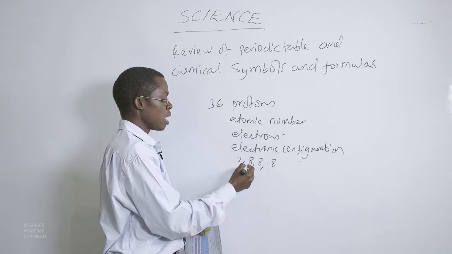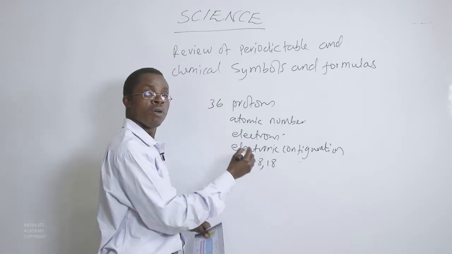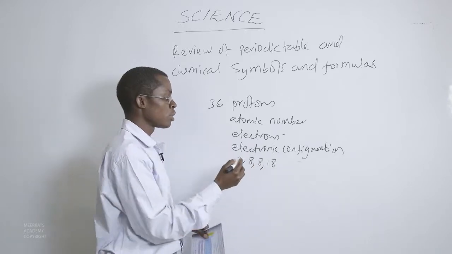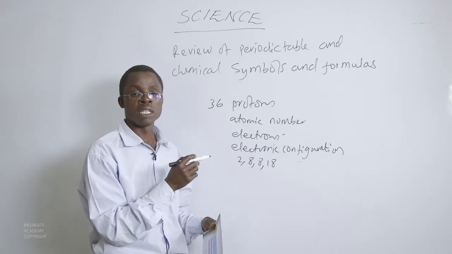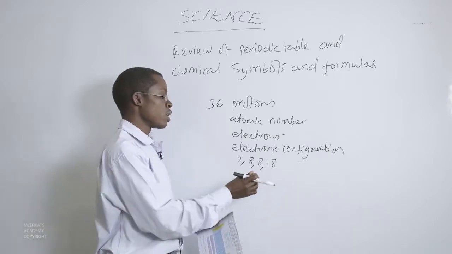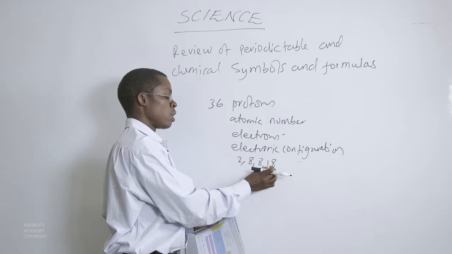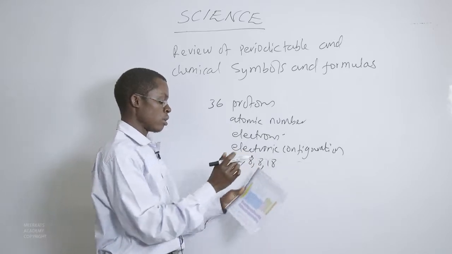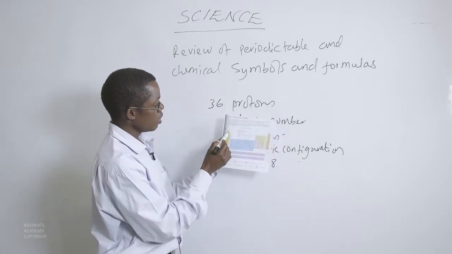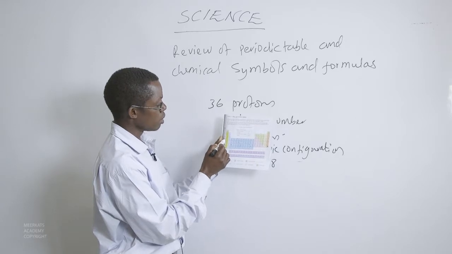orbits. These are 1, 2, 3, 4 orbits, and the outermost, it will go 18 steps, or group number 18. So we start 1, 2, 3, 4. This is the place.